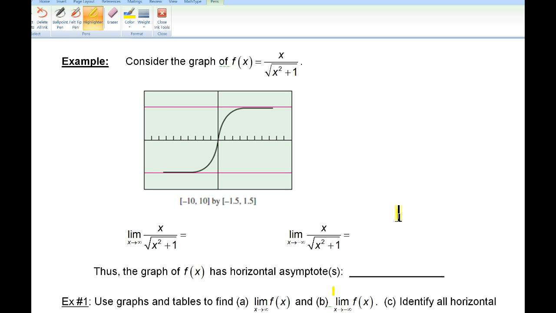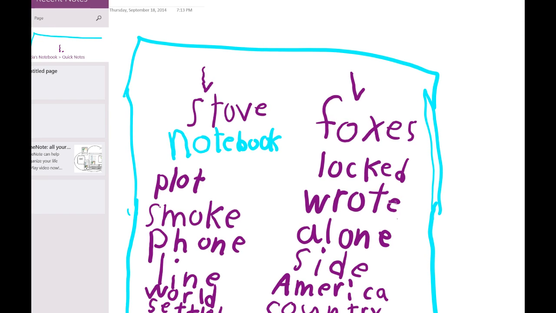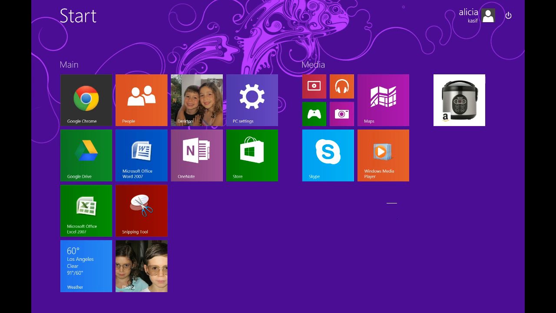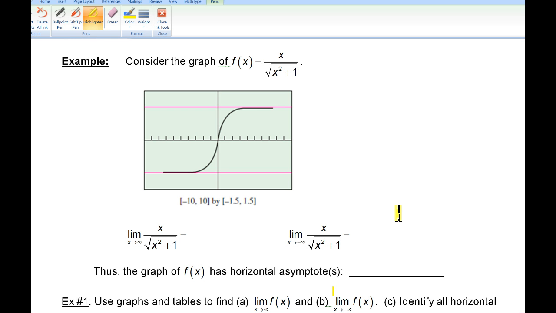Hold on. Bear with me for one moment. Every once in a while, the pen stops working. Anyway, yeah, those are my daughter's spelling words. She likes to practice. Was that snows and foxes? Foxes. Yeah, I think she had that. She has spelling words and vocabulary words. I still remember in first grade, it's a funny story.